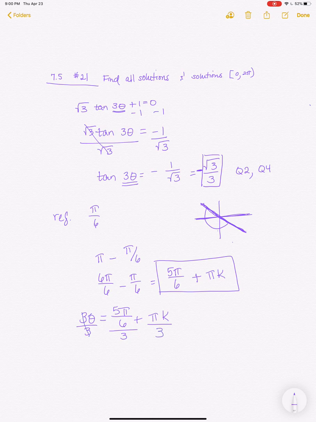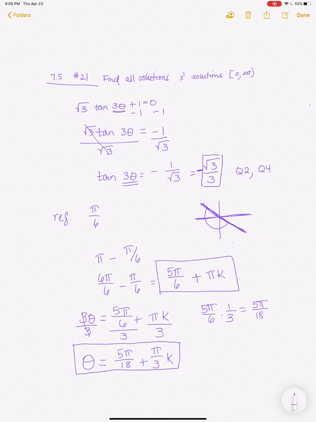So theta in this case is going to equal, now remember, 5 pi over 6 divided by 3, or multiplied by 1/3, is 5 pi over 18. So my solution is going to be 5 pi over 18 plus pi over 3, because I divided that by 3, times k. And that's going to take care of all my solutions.